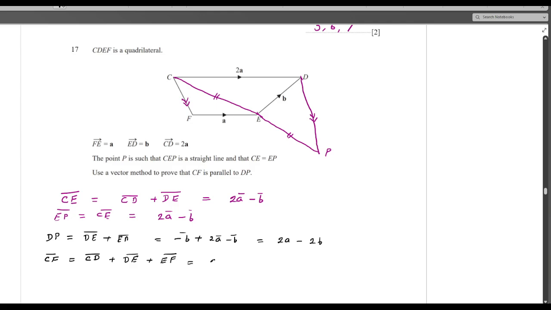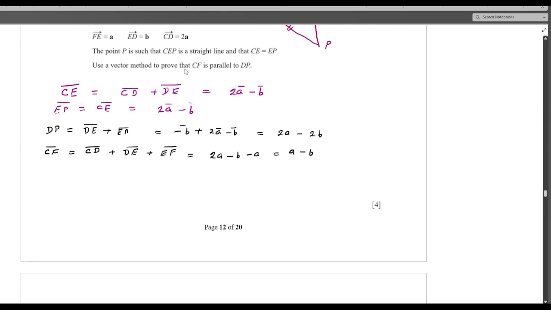Now your vector CD is 2A, your vector DE is minus B, and your vector EF is minus A. So 2A minus B minus A will give you the result A minus B. You can easily see that your DP is equal to 2 times your CF, and therefore you can say that your DP is parallel to CF.